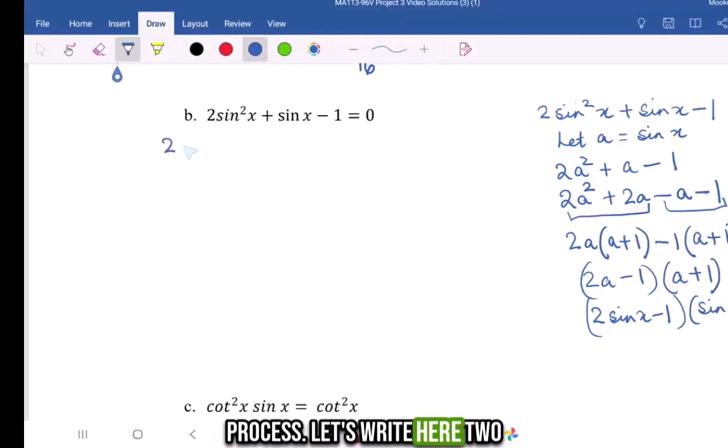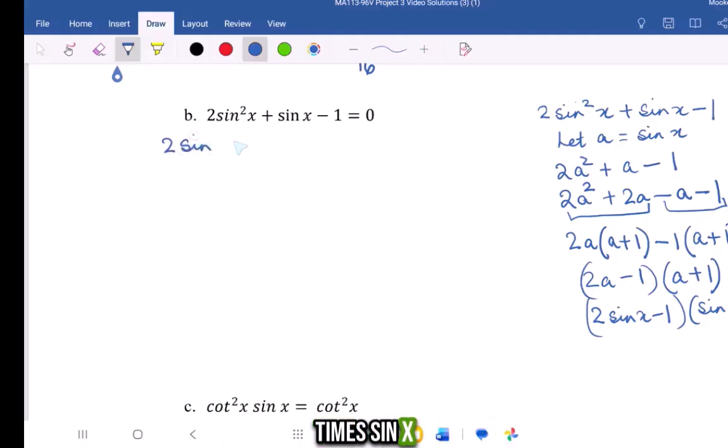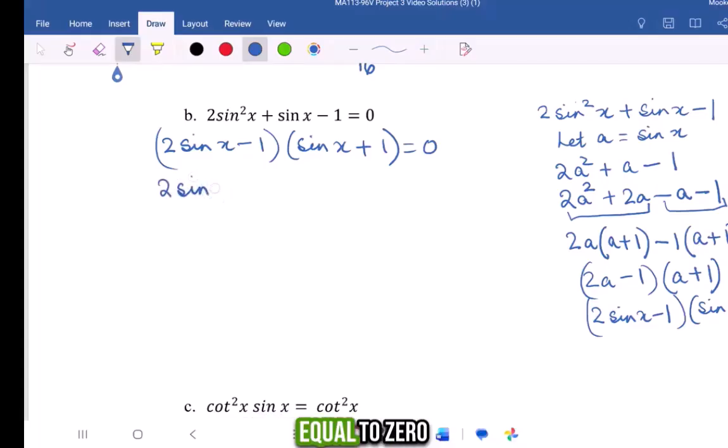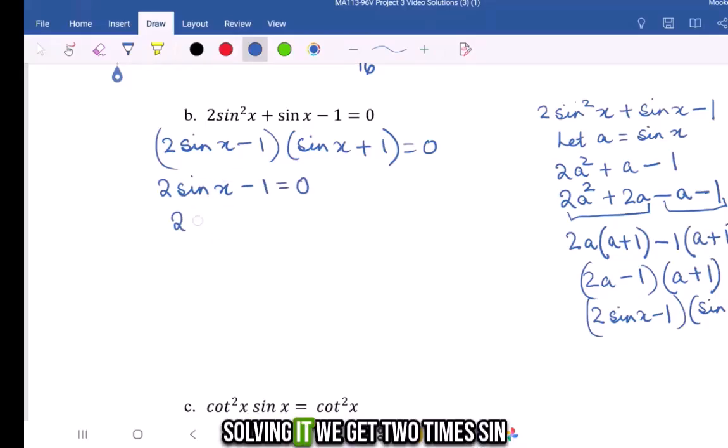So let's write here 2 times sine x minus 1 and sine x plus 1 equal to 0. We use the zero factor property to solve this. We make each of these factors equal to 0 and solve for x individually. So when we start solving it, we get 2 times sine x, bring the negative 1 over to the other side.